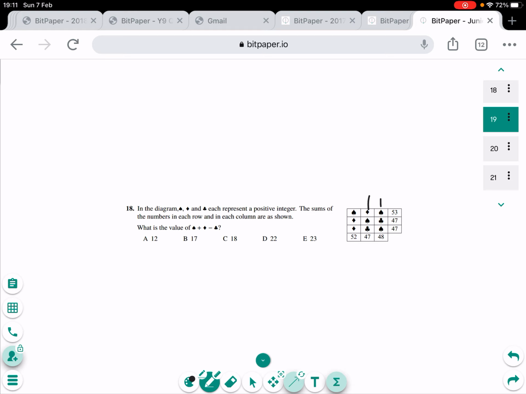So wait. Oh, okay, so let's look at these two rows. So what we do now is, sorry, that's not really helping.